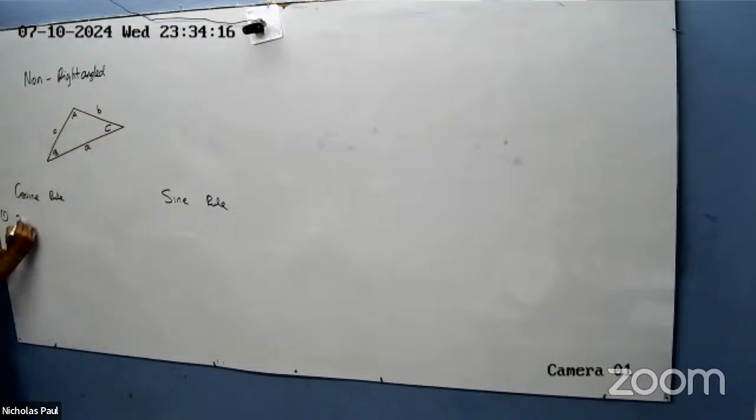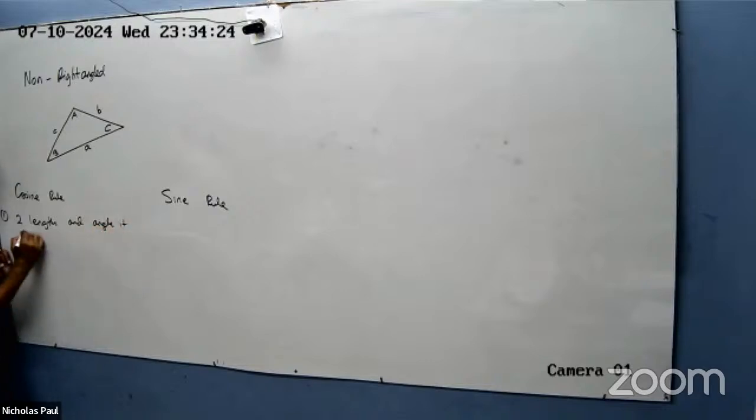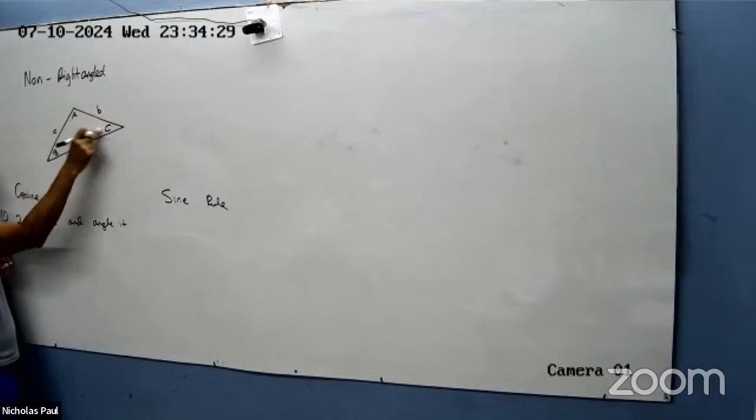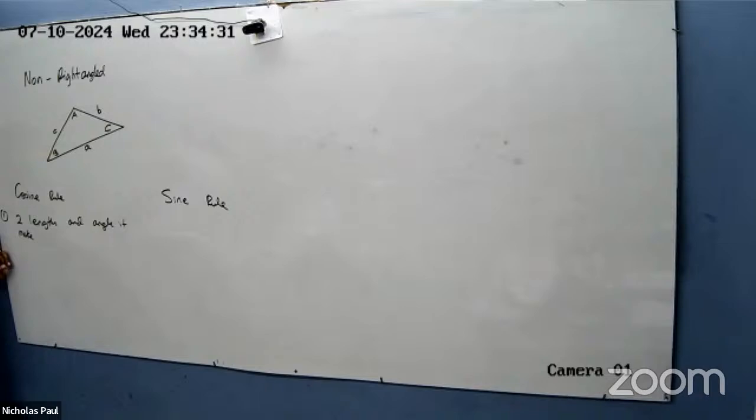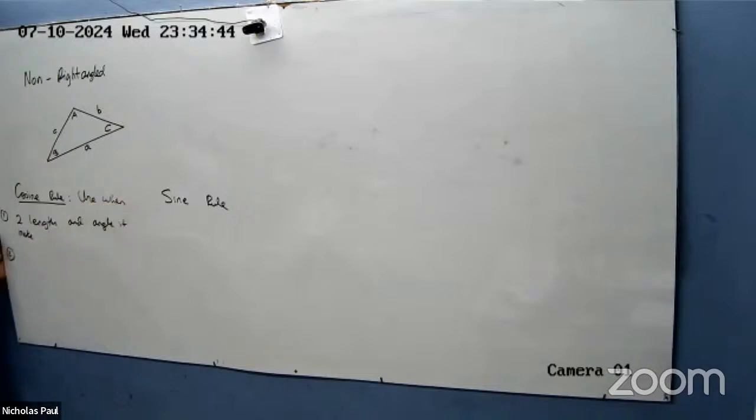If you have two lengths and the angle they make, you can use the cosine rule. Or if you have more length than angle.